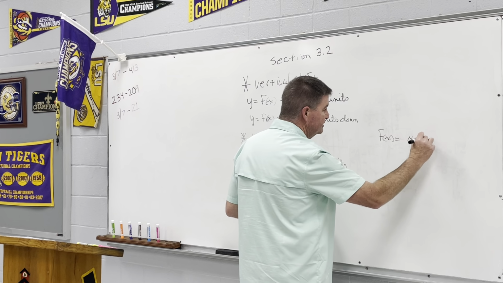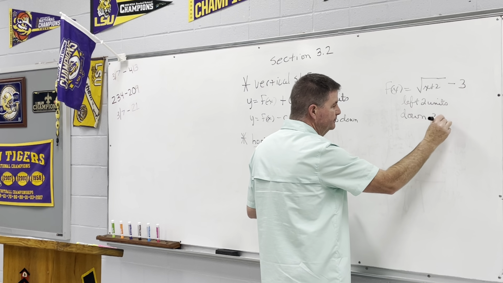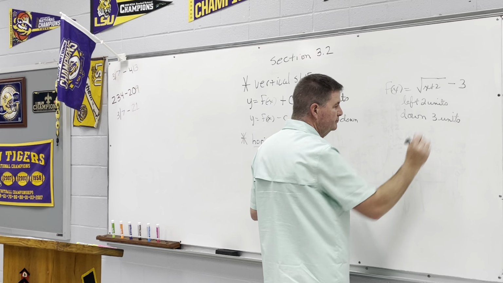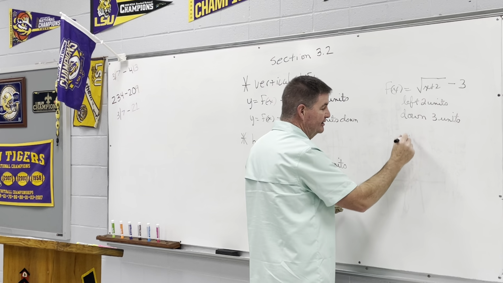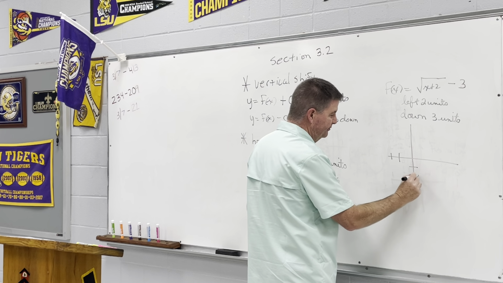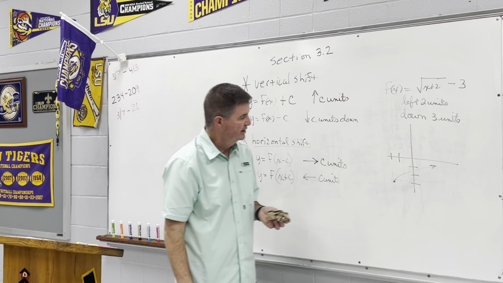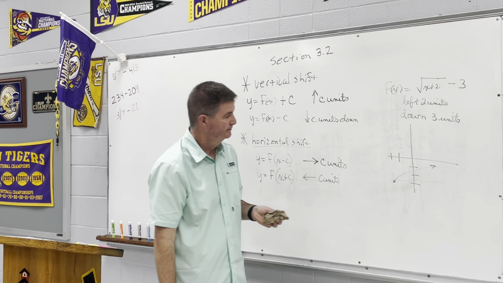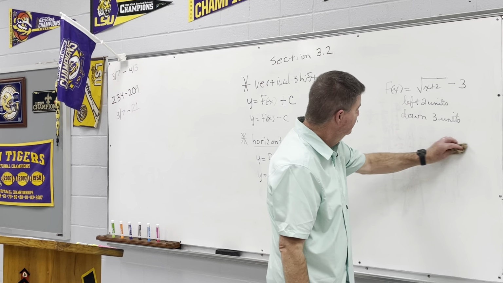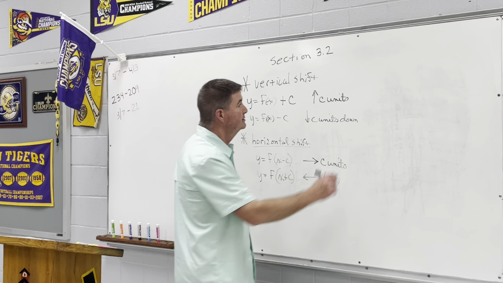Well, you would say that it's moved to the left 2 units and moved down 3 units. It would still look exactly like the square root function, but it's brought to the left 2 units and down 3 units. So it would start right here, and it would be in the direction of the square root. All right, from here, we're going to have something called reflections.